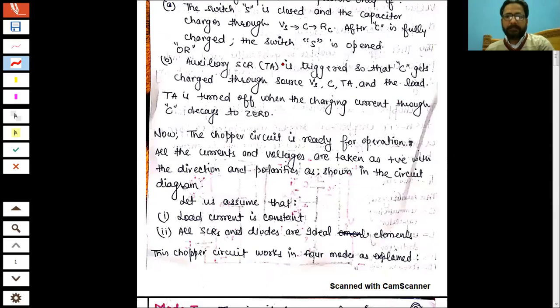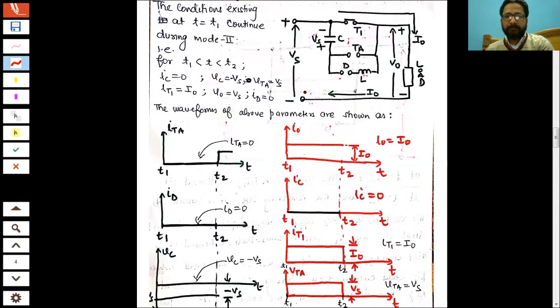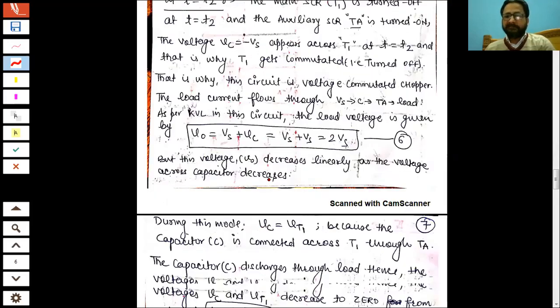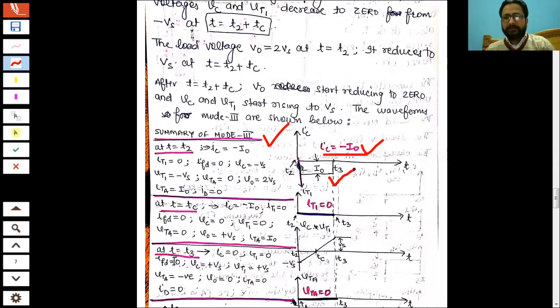But now in this case, what actually is happening in mode 3, the current through capacitor is flowing downward. यही बात मैंने थोड़ी देर पहले बोली कि लोड करंट तो इसके थ्रू फ्लो करेगा ही करेगा, साथ के साथ जो कैपेसिटर करंट है, the capacitor will also discharge, मीन कैपेसिटर करंट भी यहां से डिस्चार्ज हो रहा है, यानी कैपेसिटर करंट की डायरेक्शन भी रिवर्स हो गई. So that is why the capacitor current is shown negative here.